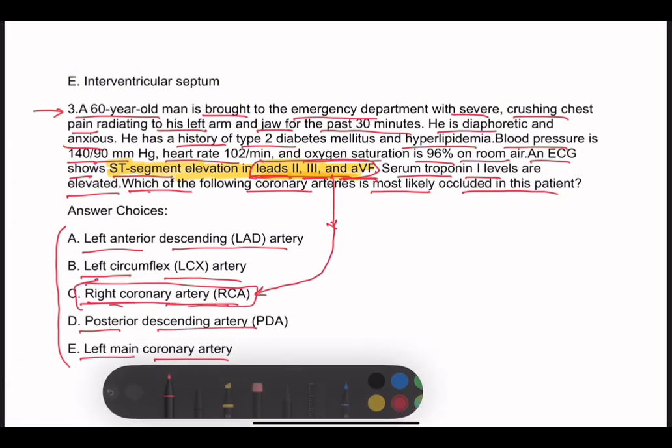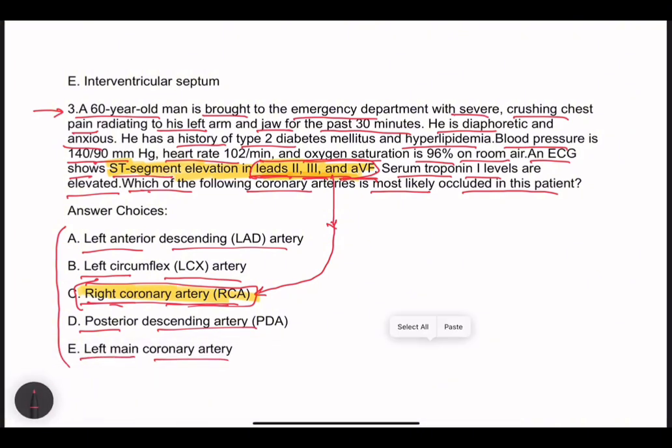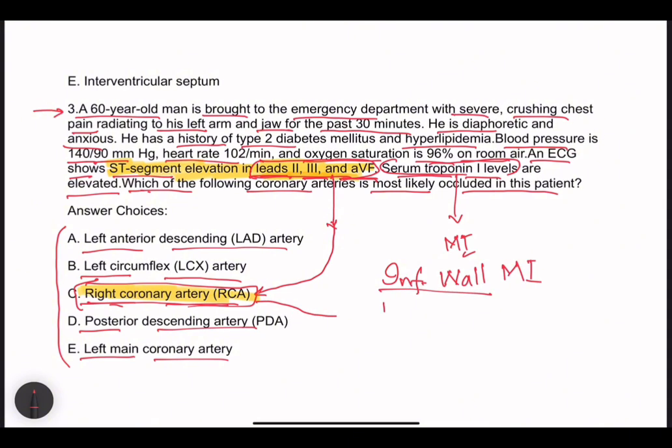So the correct option is right coronary artery. The elevated serum troponin I levels show that this patient has MI, specifically an inferior wall MI. The right coronary artery supplies the inferior wall. It also supplies the right ventricle and the SA and AV nodes.